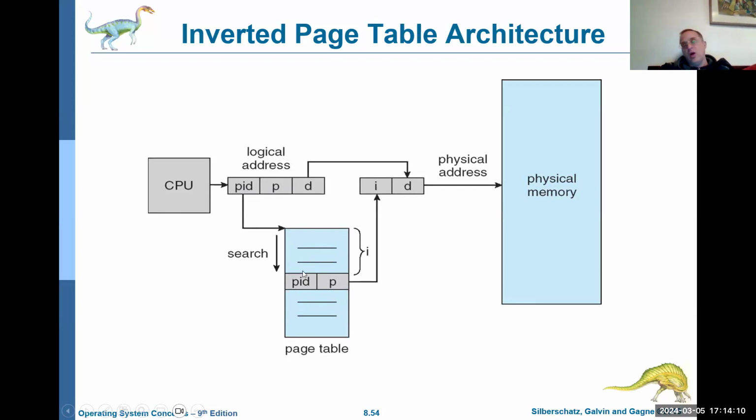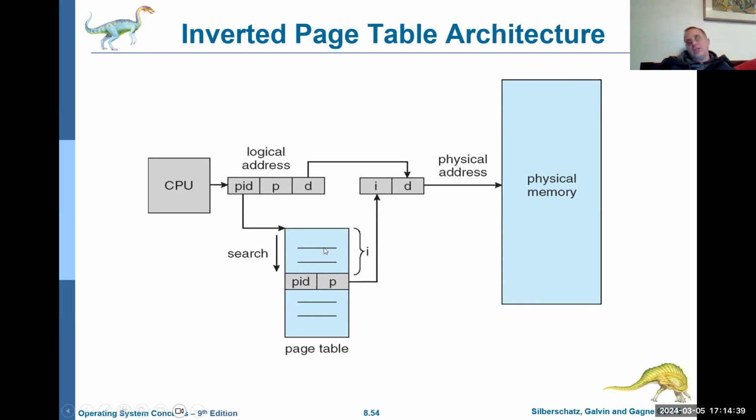And then of those, I look for the only one that has 0 written as its P. Based on what row I hit, if it's row 700, then I know to put 700 over here. The I is the distance traveled. If I'm row 700, then this is 700. And then that's the actual location.